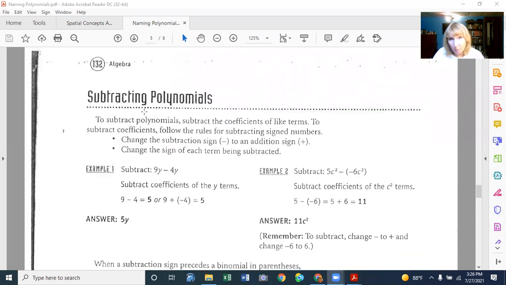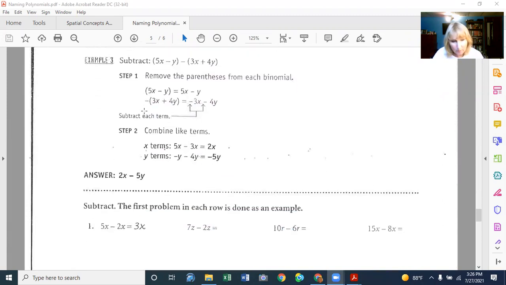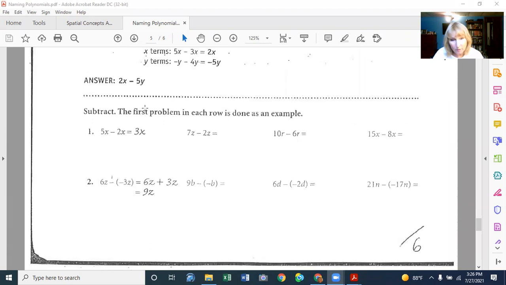And now as we come to subtracting polynomials, this is where we have to be careful a little bit. Let's just go down to some of the problems. You can look at those explanations later. So it starts out easy, 5x minus 2x is 3x. So it's doing the same thing at first. 7z minus 2z, just take the 7 minus 2, 5z. So those are easy.